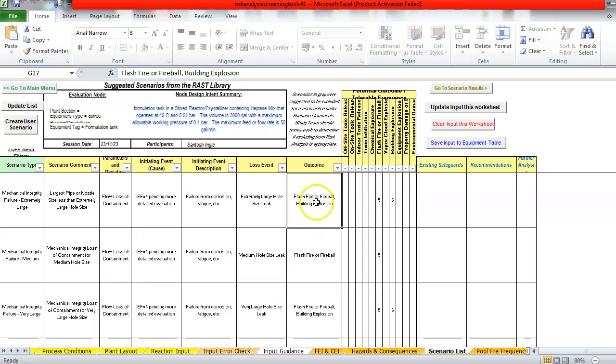So two outcomes can take place because of this mechanical integrity failure, and we give different kinds of layers of protection for these two probable outcomes. In this way you can read this report.